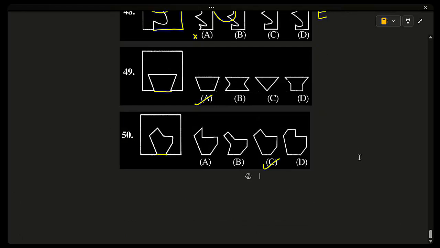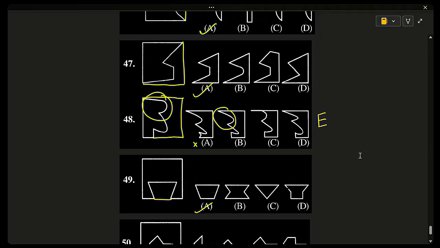Jaivan, what is your doubt? Sir, in 47th question, option is not there, sir. Why? Sir, that upside arrow has to be somewhat slanted.